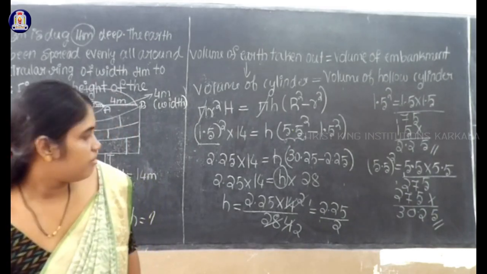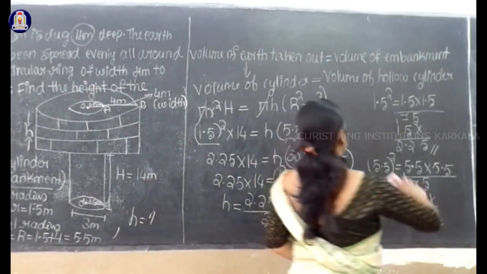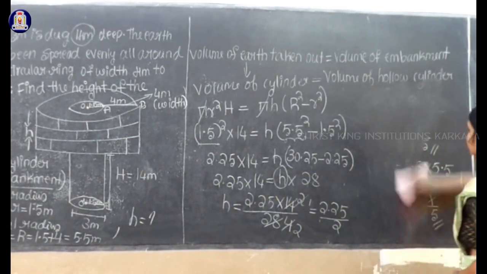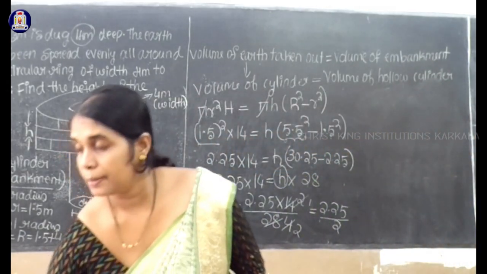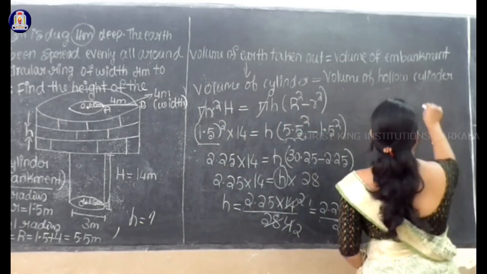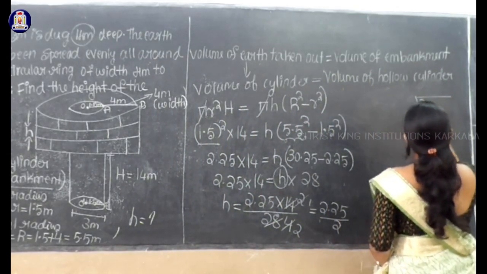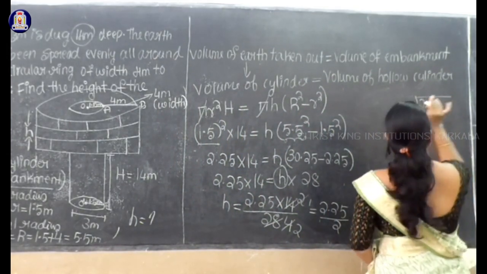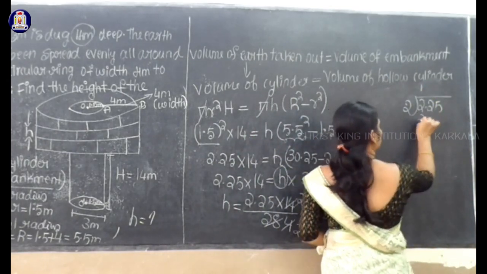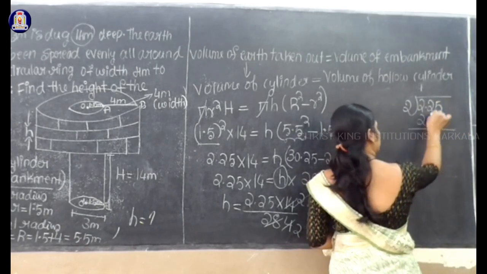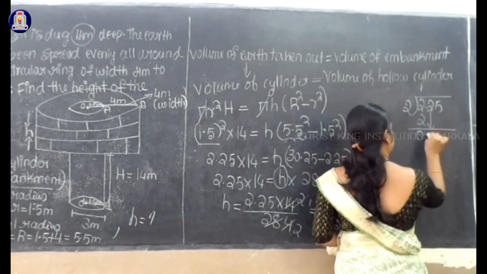So therefore divide 2.25 by 2. We'll simplify. 2 ones are 2. 2 minus 2 is 0. Next number 2.